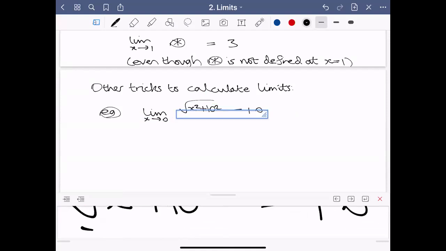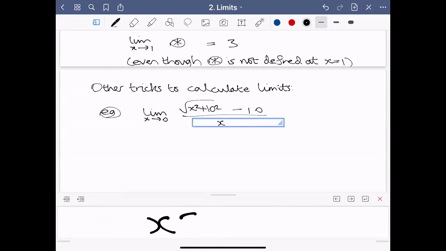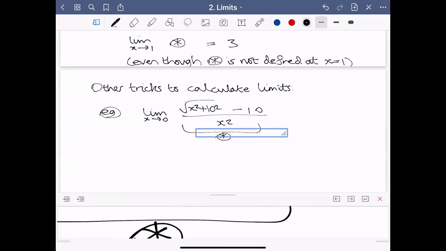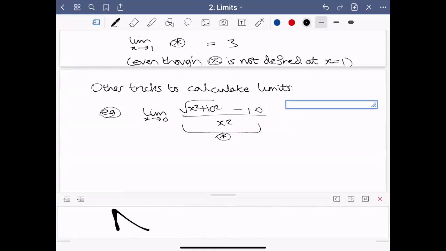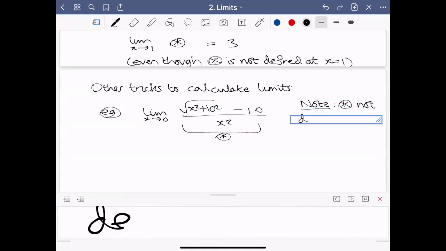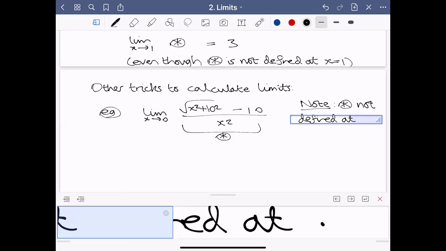So the square root of (x squared plus 10 squared) minus 10, divided by x squared. So note, again, star is not defined at 0 because of the x squared on the bottom, which equals 0.